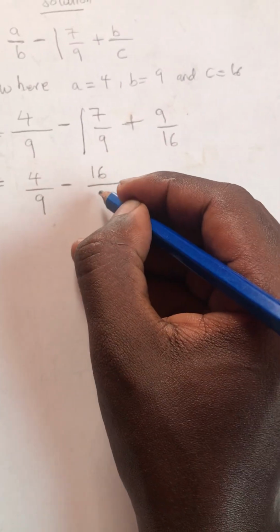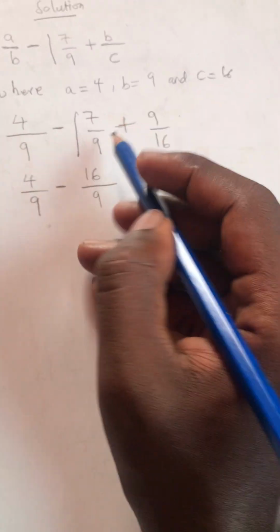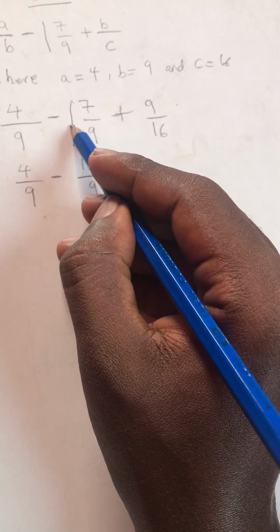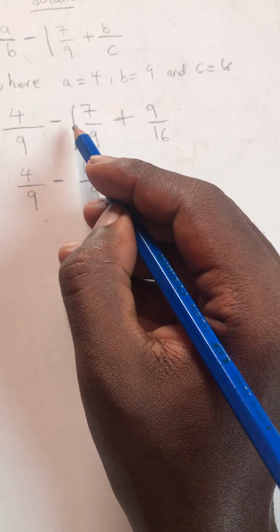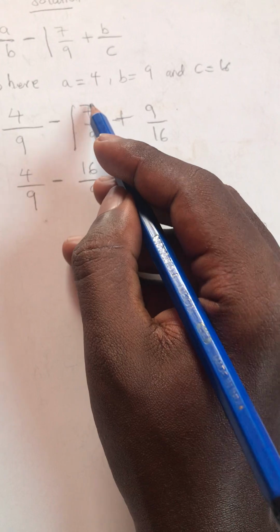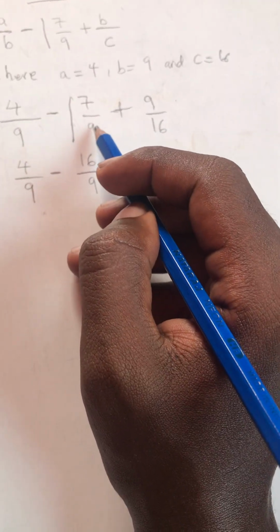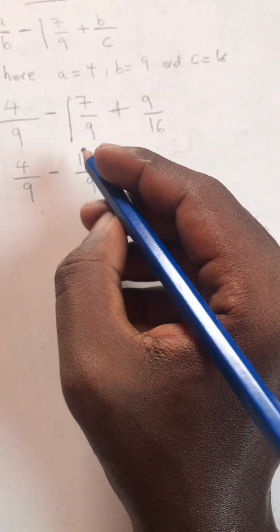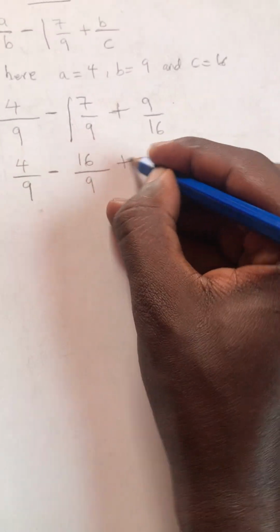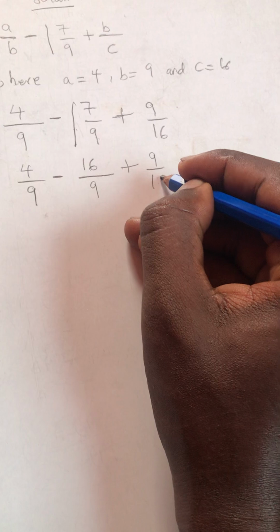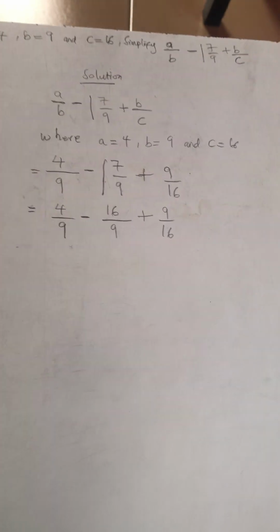So we are going to get the fraction 16 over 9, all over the denominator here, which is 9. So we are going to have 16 over 9 plus 9 over 16.